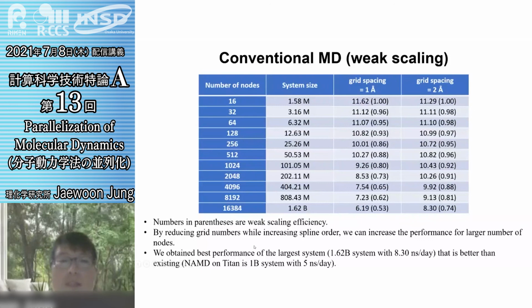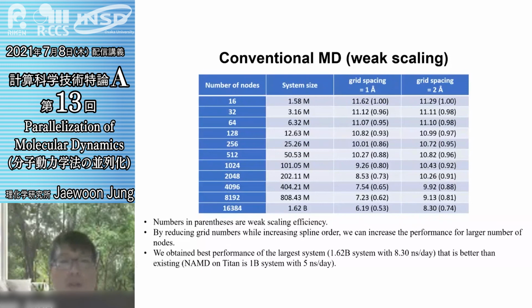And in fact, this computational result, 3.3 nanoseconds per day for the 1.6 billion atom system, I think is much better than the world's best performance result until now.